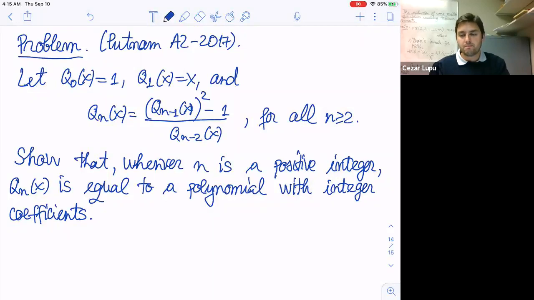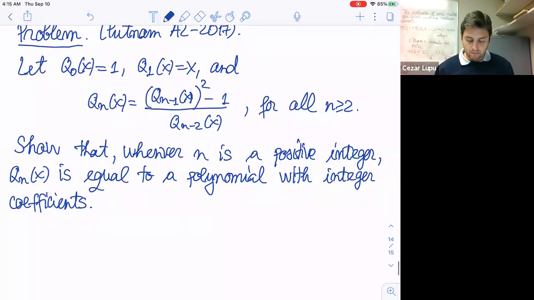Basically, it's just induction, if you look at it. But before we reach that part, we should try to linearize this recursion. And what we're going to do is the following. So let's look at it carefully.